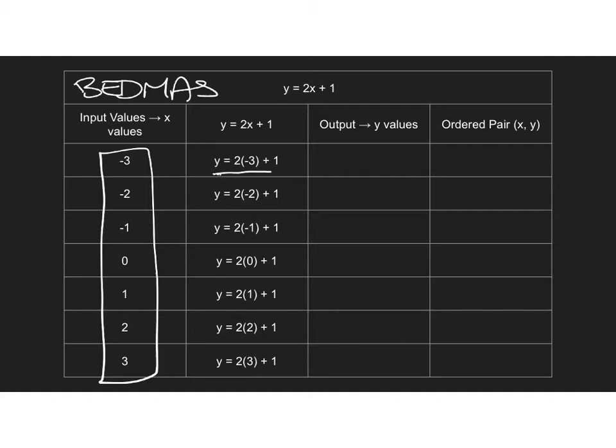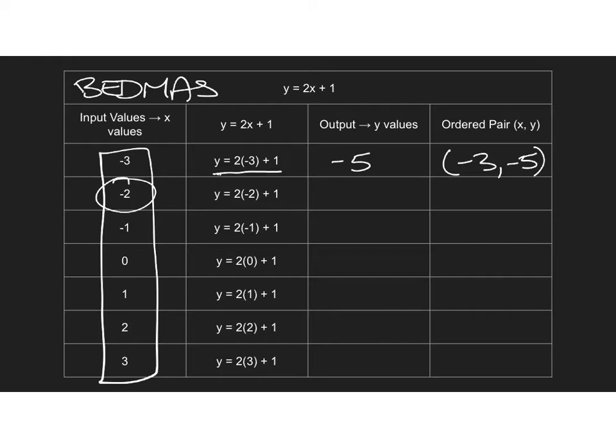So y is equal to 2 times negative 3 plus 1. So 2 times negative 3 plus 1 is equal to negative 5. So when we put in negative 3, which is our input, the output is negative 5. Now the ordered pair you can write in order: negative 3, negative 5. The next input value that we choose is negative 2.